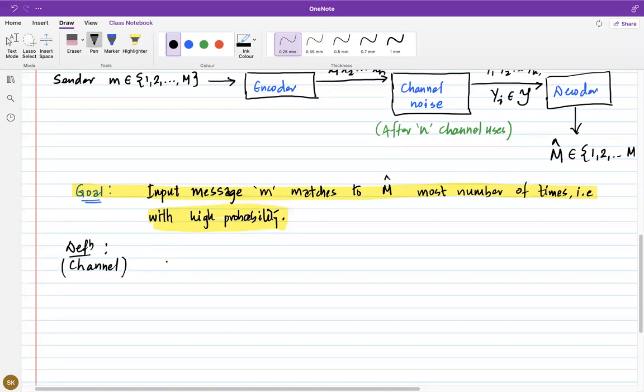As a definition, we denote the channel by W, a function that takes input from the calligraphic X and spits out something in the output alphabet, which is Y.